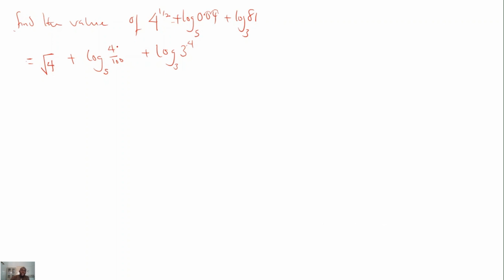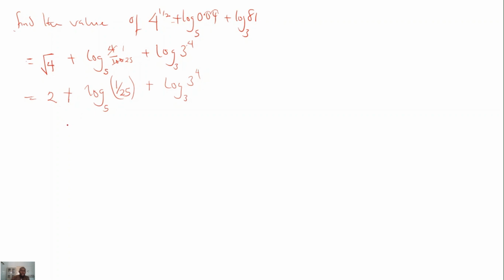Now, if we simplify this, 4 here 1, 4 here is equal to 25. Now, we have root 4 is equal to 2 plus log 1 over 25 to base 5 plus log 3 raised to power 4 to base 3.